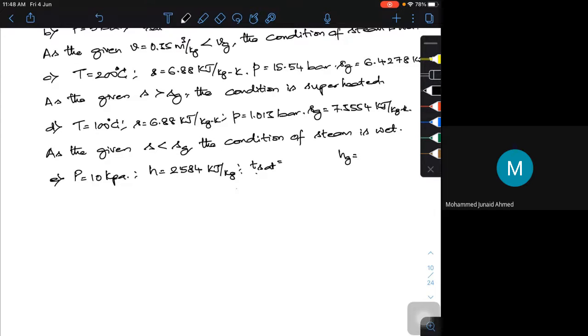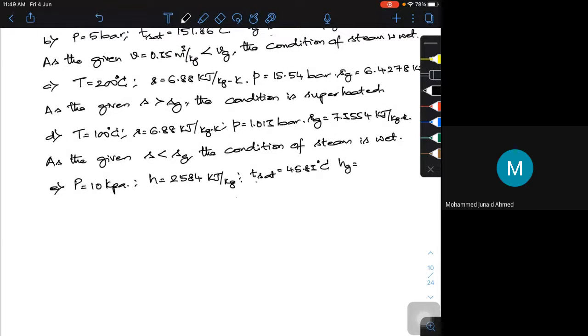So it is 45.83 degrees Celsius. What is the value of Hg? It is 2584.8 kilojoules per kg. That means they are almost the same.